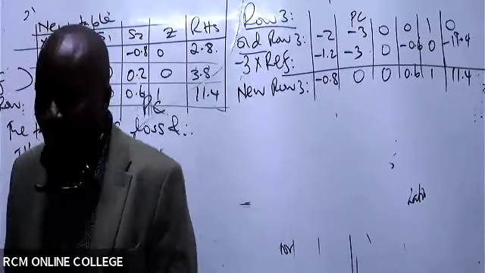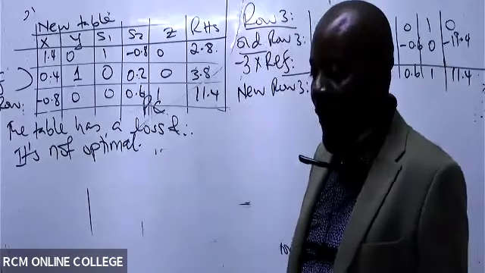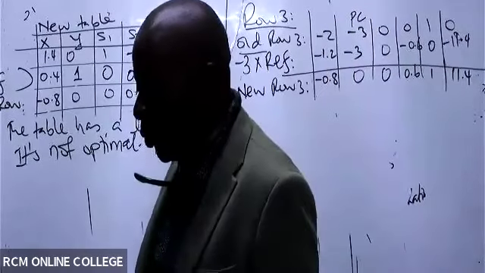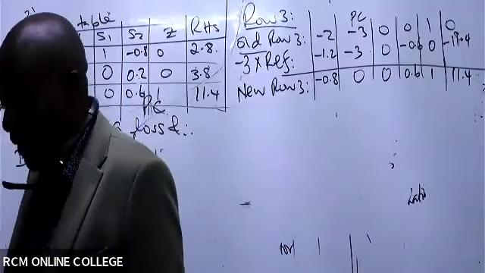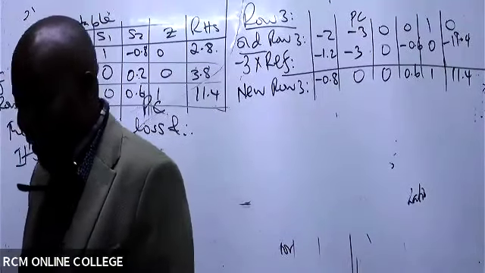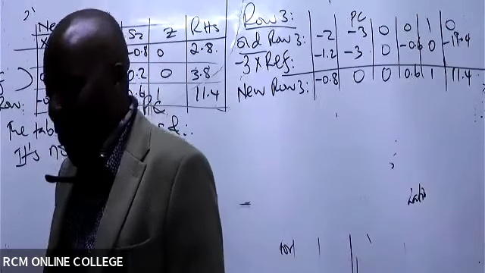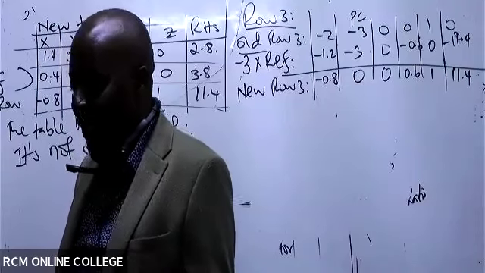So if it's not optimal, does it mean we cry? You see, as accountants, when things don't balance at the workplace, crying can be an option. Do we cry? If it's not optimal, what should we do? We create another table, isn't it?